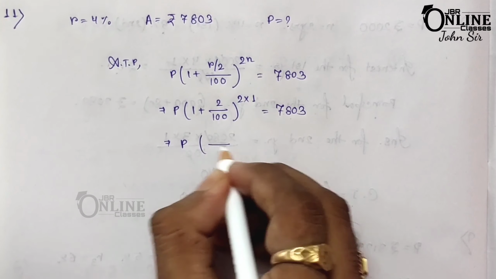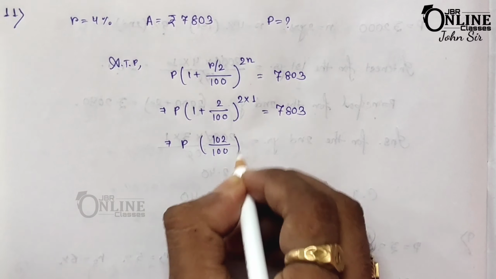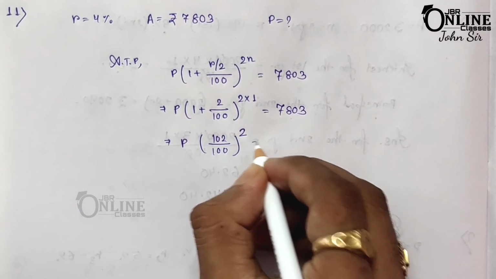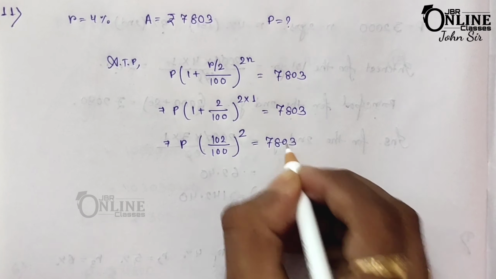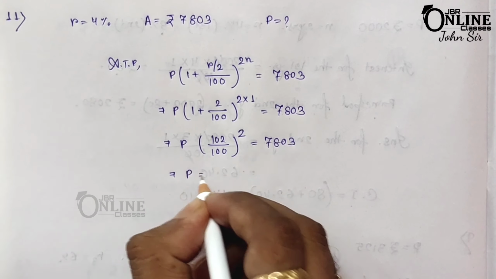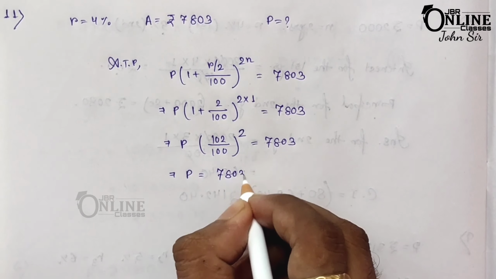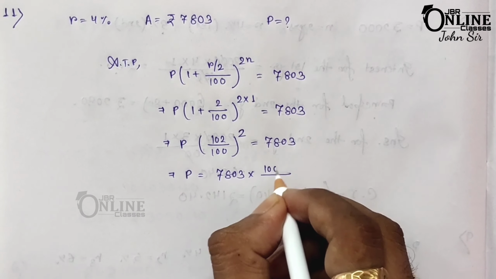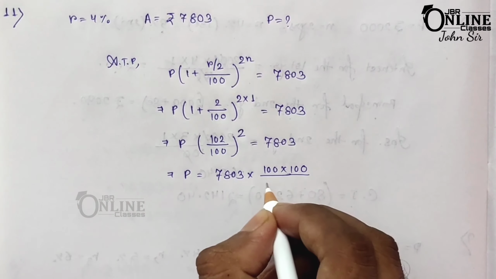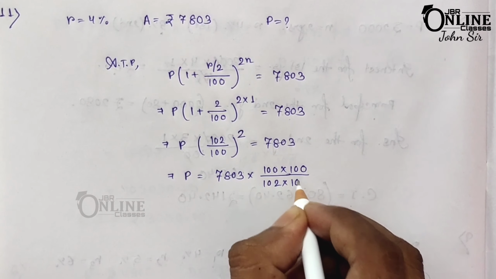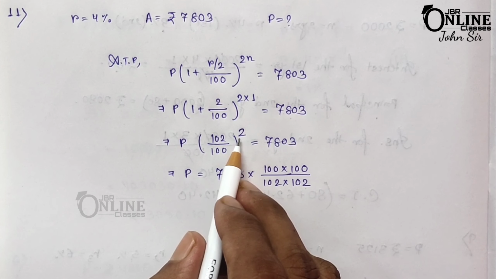So P into 102 by 100 whole square, so P equal to 7803 into 100 into 100 divided by 102 into 102, as here square.